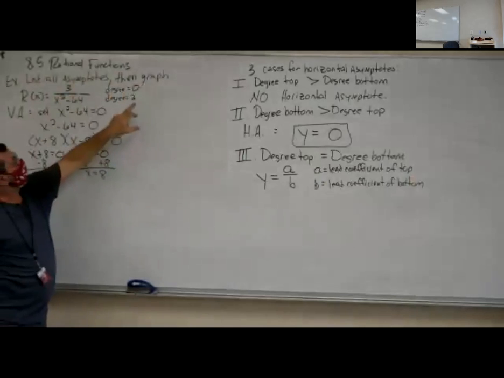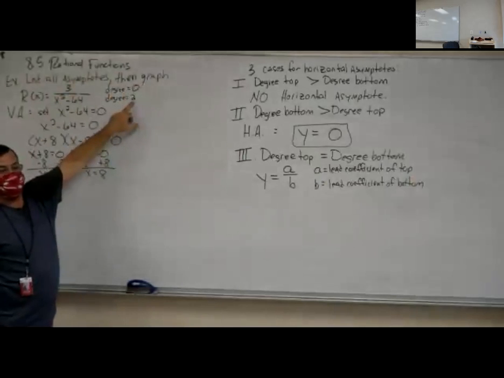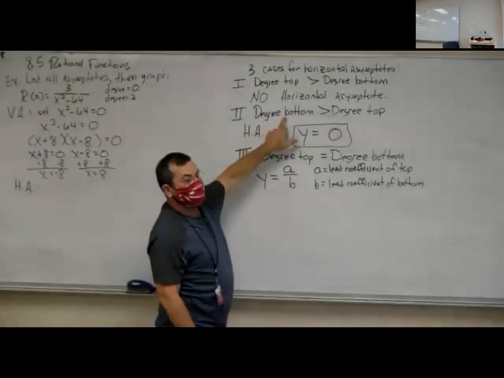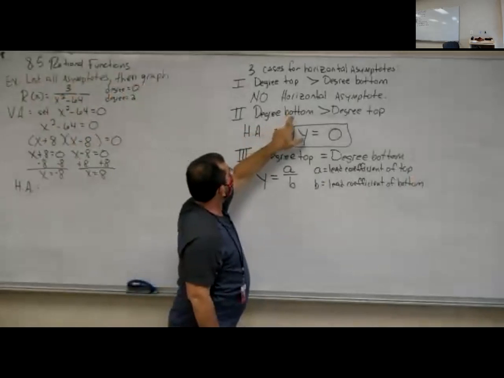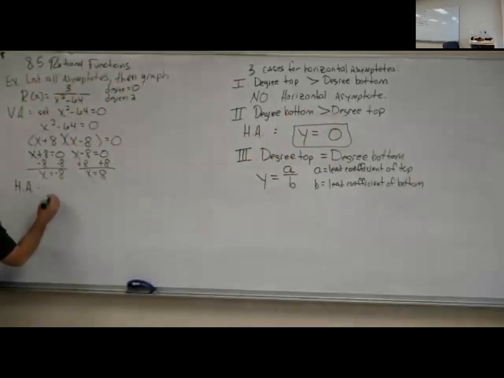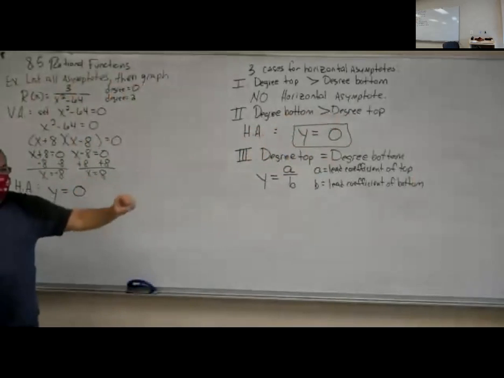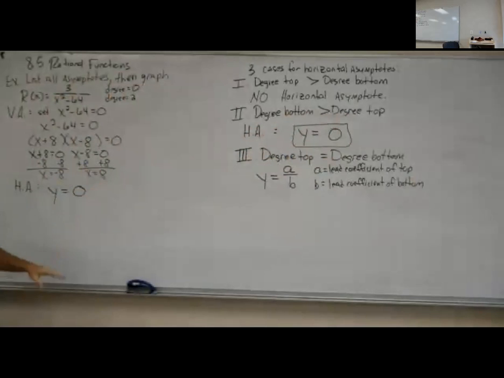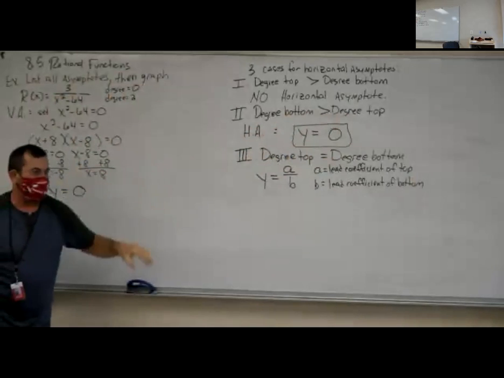Which means my bottom degree is bigger than my top degree. And anytime the bottom was bigger than the top, we said that the horizontal asymptote was y equals 0. Which means in the long run, as I head towards infinity and negative infinity, my graph is going to try to get to that 0, okay?